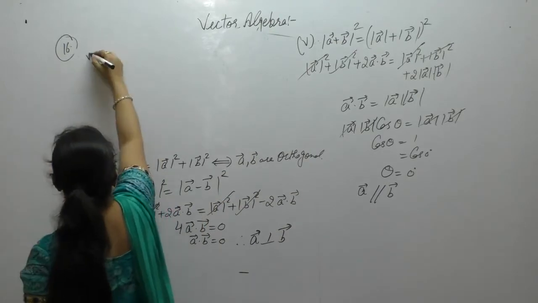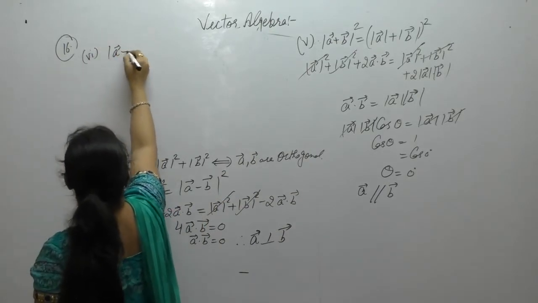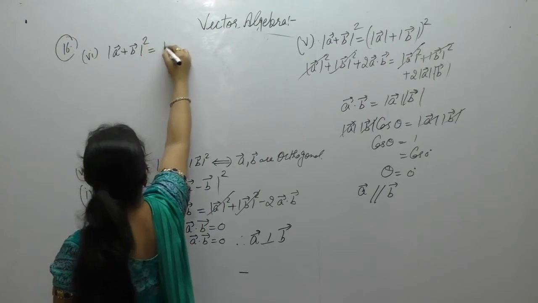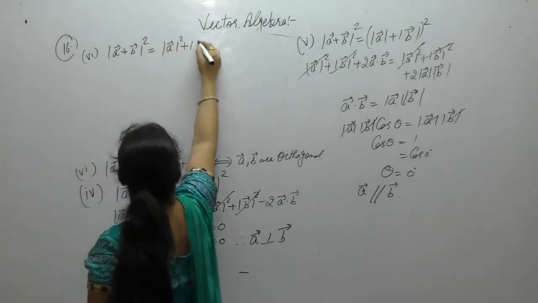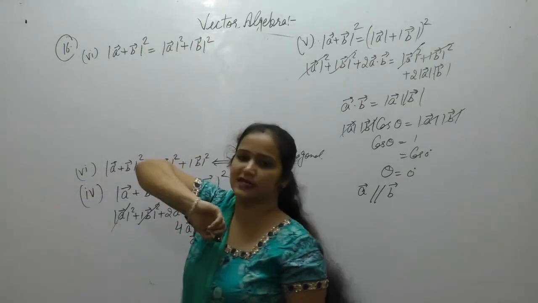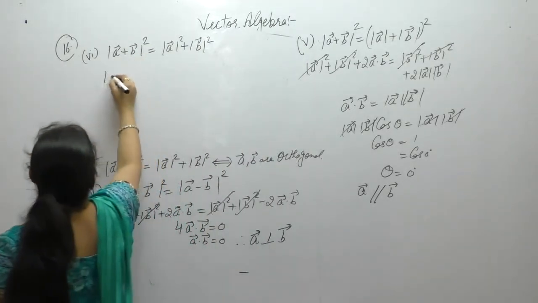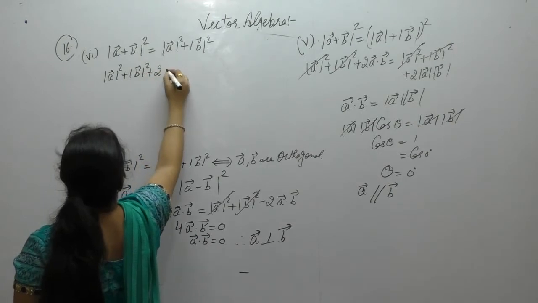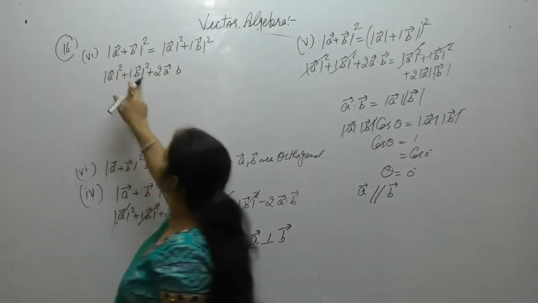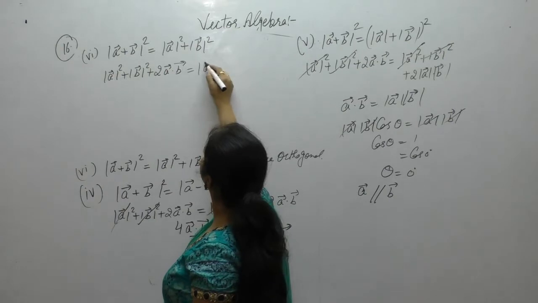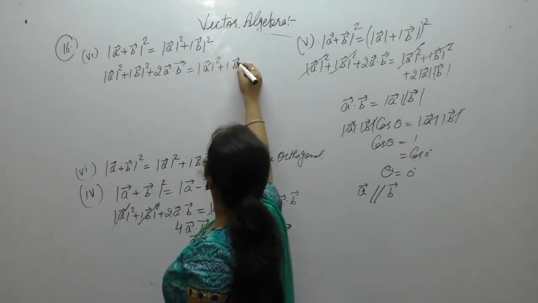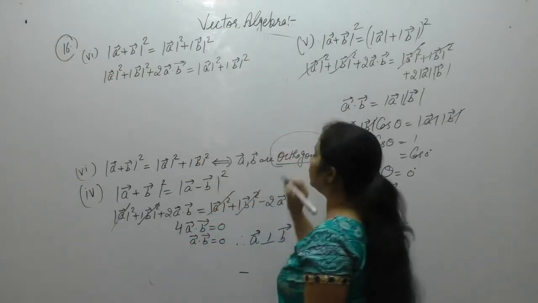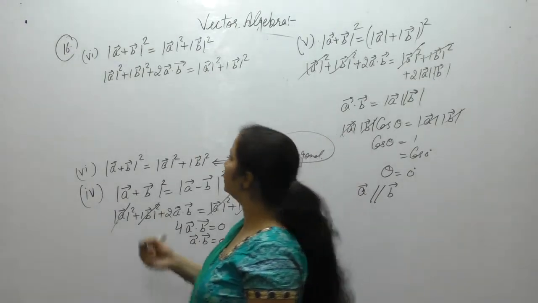Now for the sixth part, it is given that modulus of A plus B whole square is equal to modulus of A square plus modulus of B square. Now we know that this value is equal to modulus of A square plus B square plus 2A dot B. Orthogonal means we have to prove that these vectors are perpendicular.